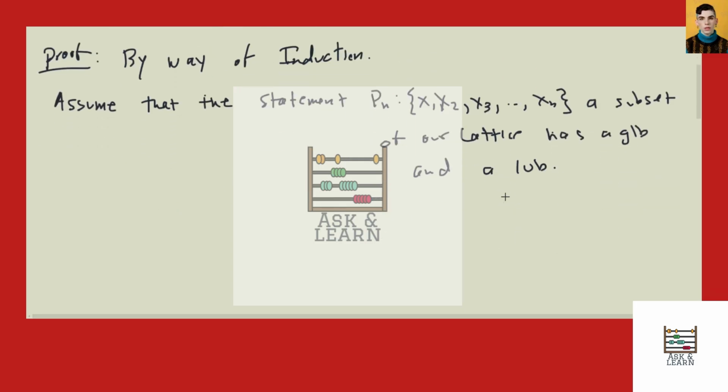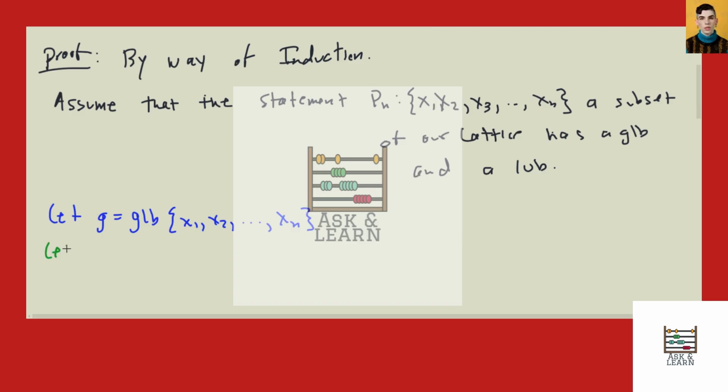All right, so now what I'm going to do is define the following. So let G be equal to the greatest lower bound of x1, x2, dot, dot, dot, all the way up to xn.